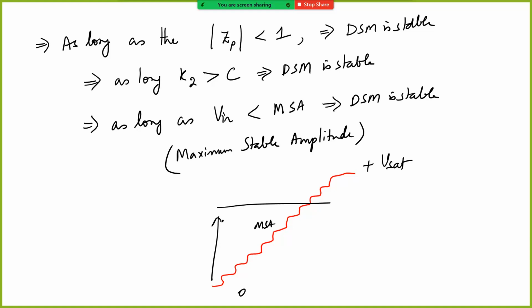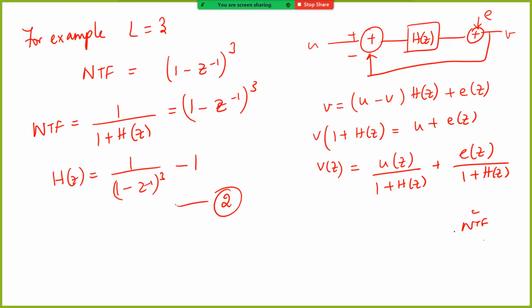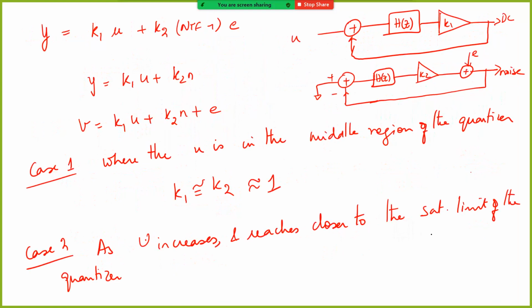Okay. So is it clear? Any doubts? Are you able to understand? So first we looked at it at a more intuitive level. We said that the quantizer, the feedback loop is kind of broken. It's not doing its job as it is supposed to, and so definitely some impairment in the performance is expected. That's what we saw. And then we went into mathematics, and we decomposed the signal into signal as well as noise, and we said that the signal has a gain of K1, and the noise has a gain of K2.